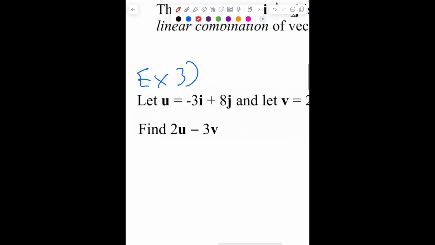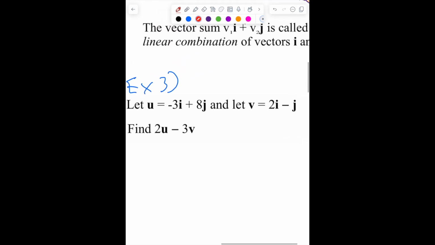Let's do another example. Let u equal negative 3i plus 8j, and let v equal 2i minus j. Find 2u minus 3v. Basically just plugging in what I know: 2 times negative 3i plus 8j, minus 3 times 2i minus j.